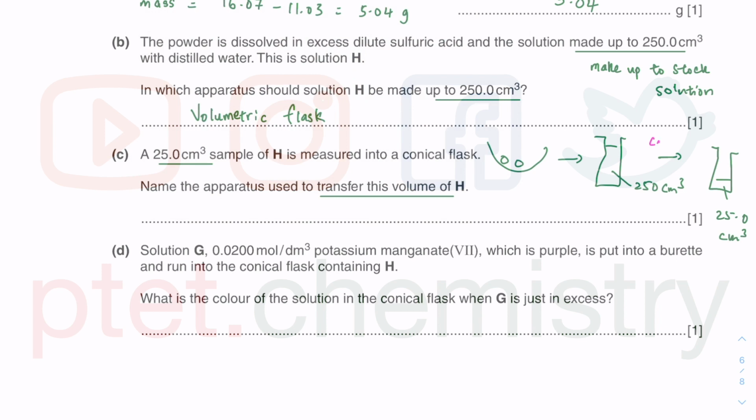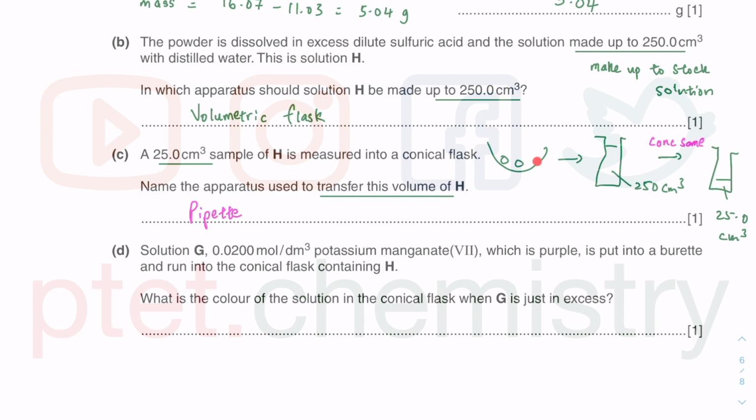Here in pink the concentration is the same because I'm taking this from here, and to take out exactly 25.0 cm³ from the volumetric flask, I need to use an apparatus called a pipette. The pipette is what I use to withdraw that specific fixed volume, 25.0 cm³, where the concentration is exactly the same, but the mole is not the same, because greater volume would mean greater mole, since they both have the same concentration.